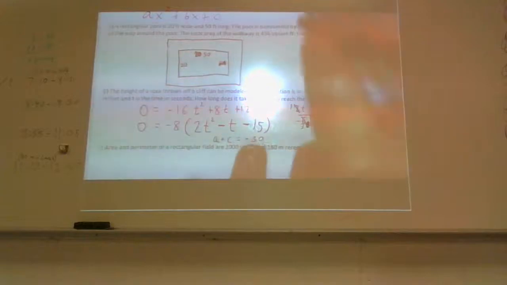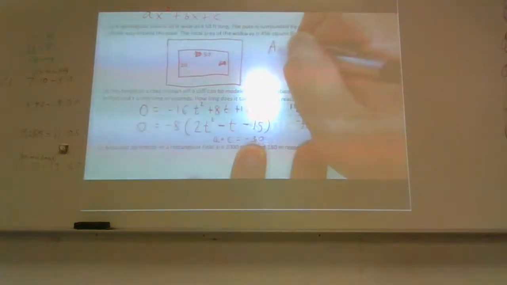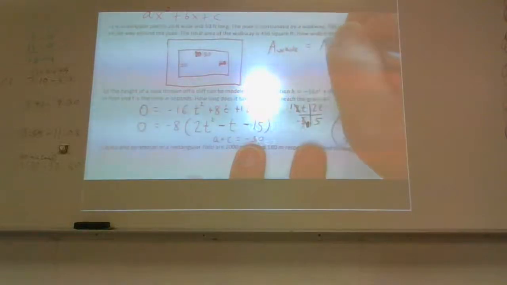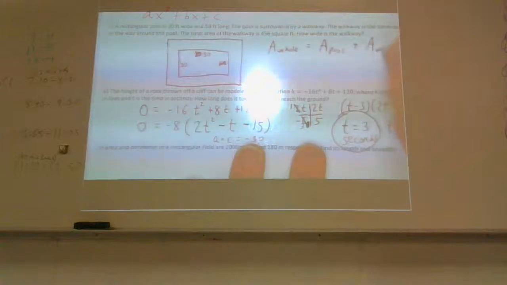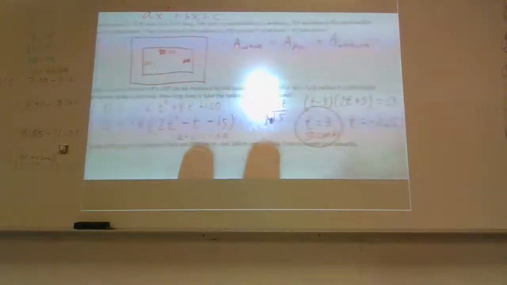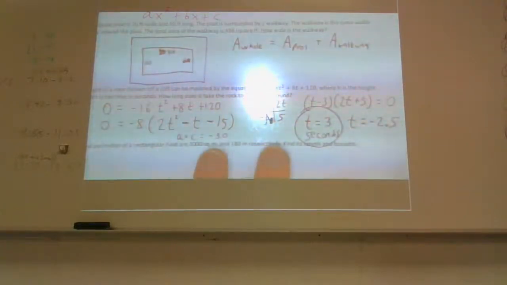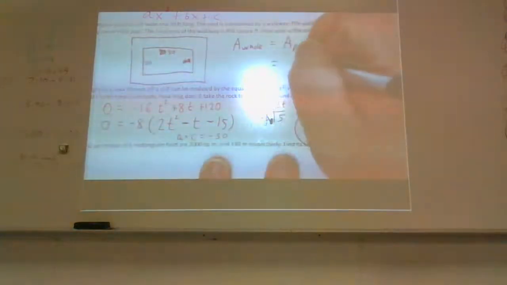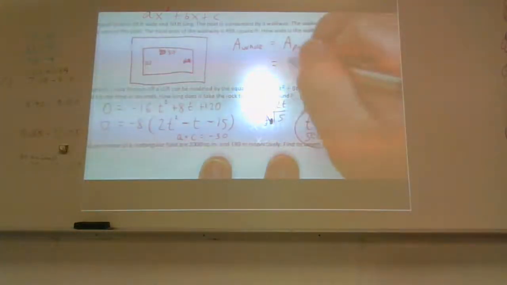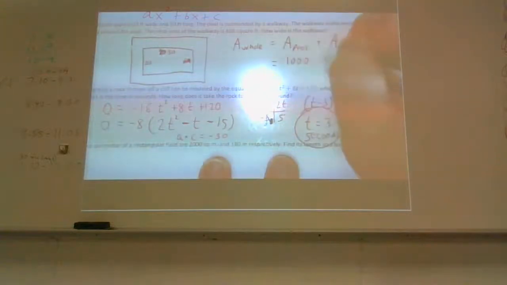The idea is that the area of the whole equals the area of the pool plus the area of the walkway. The area of the pool is 1,000. The area of the walkway is 456.